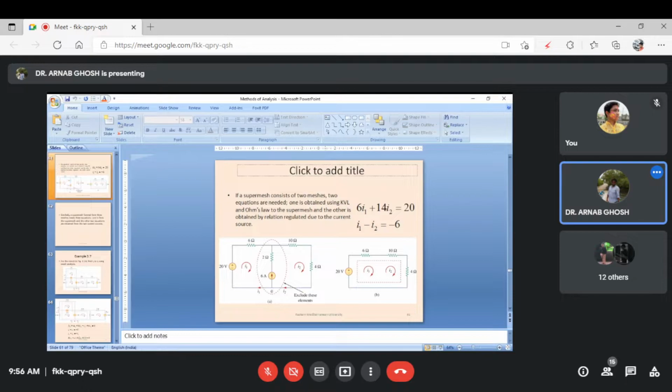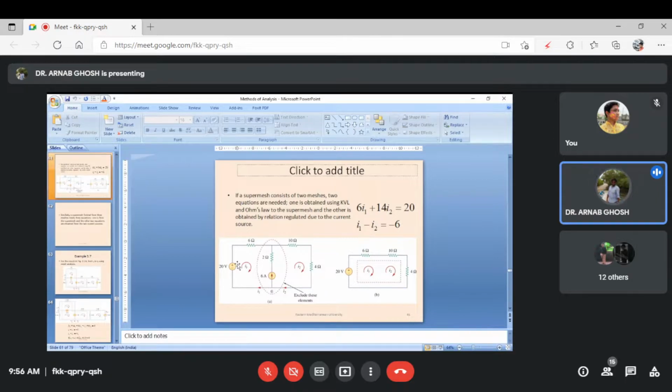Sir, why is minus 6 there? I1 minus I2. Okay, see, I1 is flowing from top to bottom, and I2 is flowing from bottom to top. Okay, and what is the direction of the 6 ampere given? See, I1 is flowing from this point to this point.